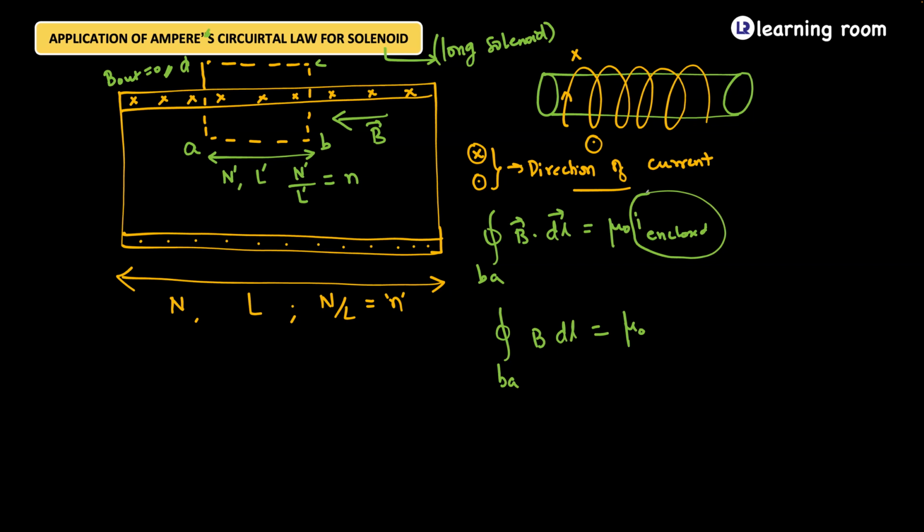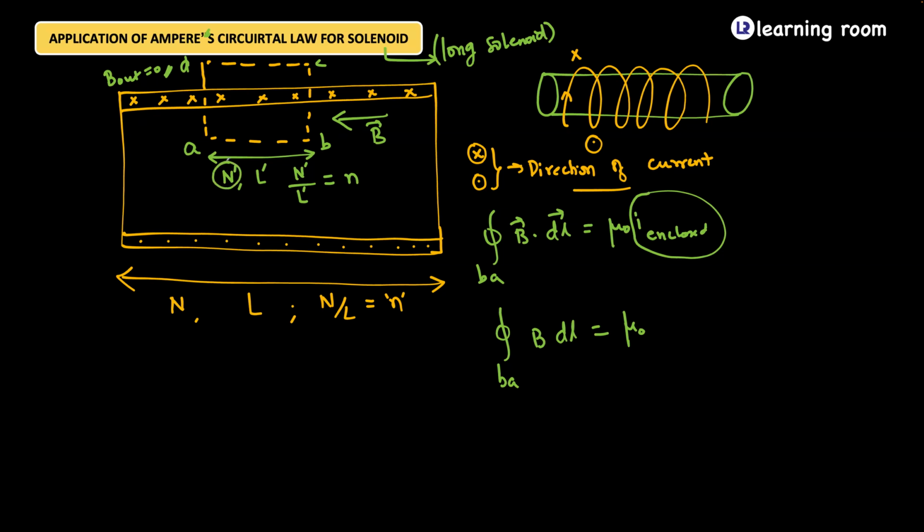Listen to this carefully. What is the value of current enclosed in this surface? In the region between A to B, how many windings are there?